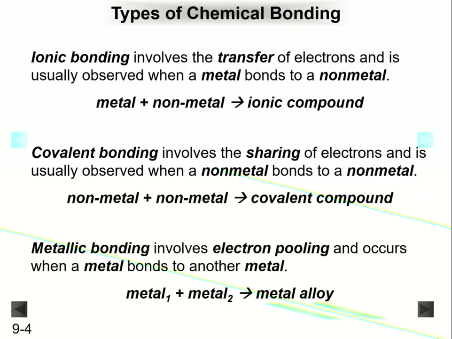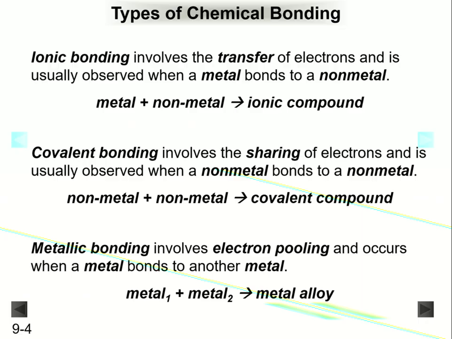And finally, we have metallic bonding. Metallic bonding is what occurs between two metals, either between two metals of the same element or between two different metal atoms. And in this case, the large size of the metal atoms and the loose attraction of the outer electron creates an electron pooling, which in some sense is similar to covalent bonding, yet it's different and unique.